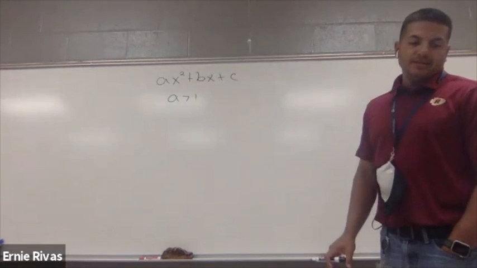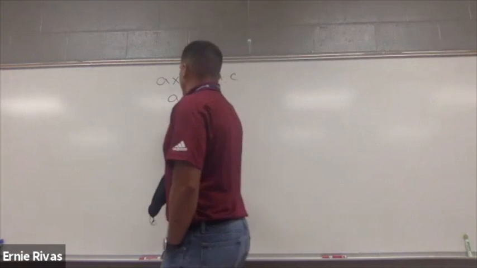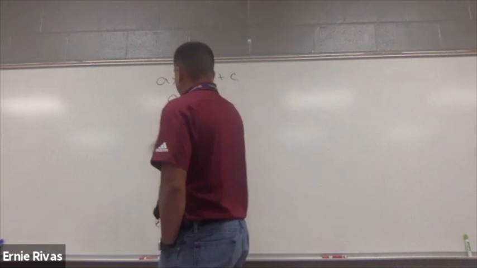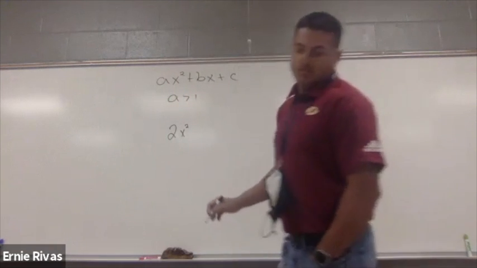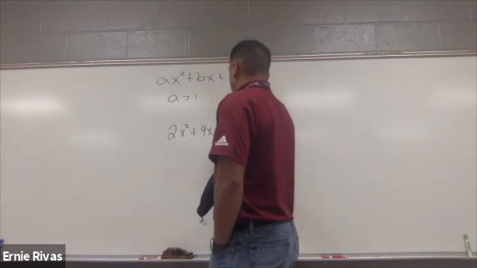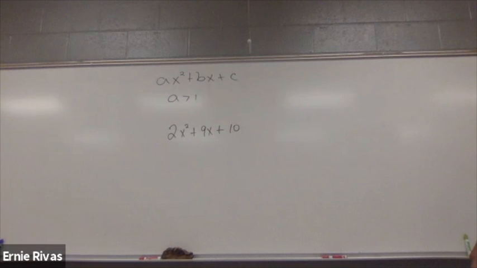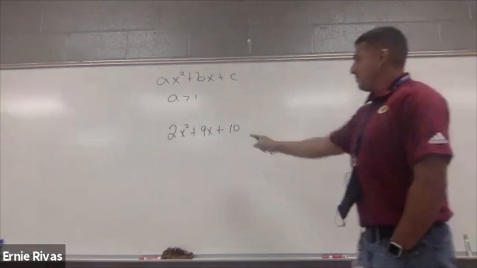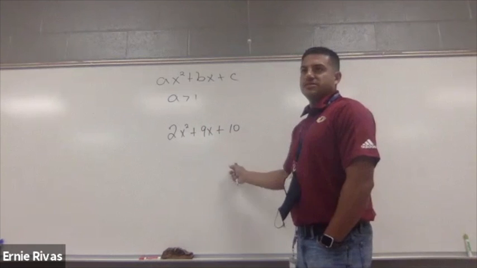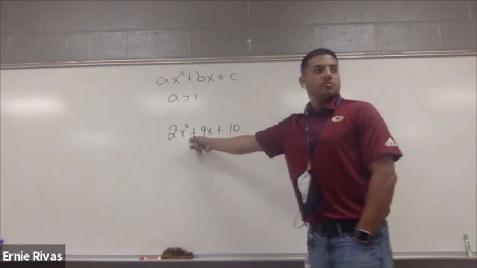Okay, and if we start with something pretty easy, so all of my rules for the signs still apply. Okay, if this is positive, then we're going to have the same sign. And then all we have to do is look over here and see which one we're going to use, right?